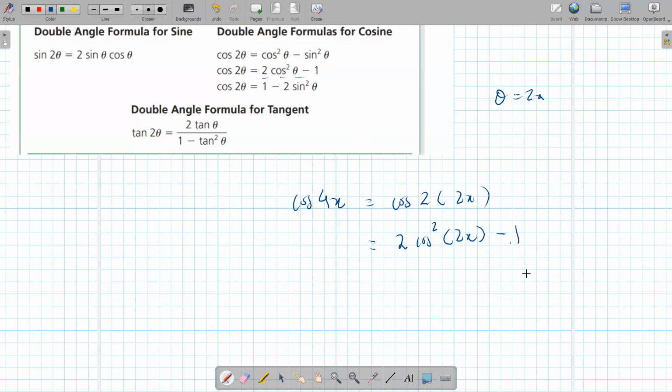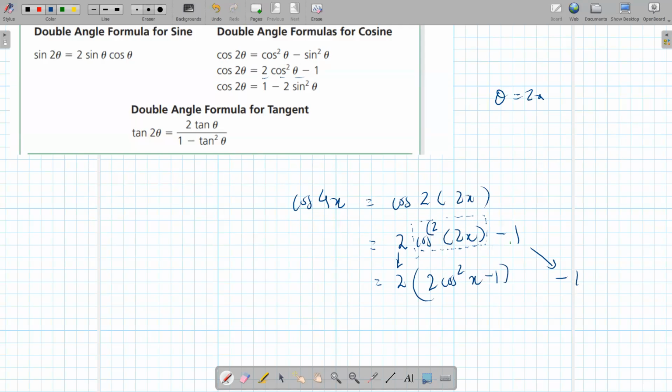You get that? Now we need to expand cosine squared 2x. Now check this out. Cosine of 2x, again, everything else is going to stay the same. The 2 on the outside is going to stay the same. The minus 1 on the outside is going to stay the same. But we need to expand this, using the same formula, that is cosine of 2x is 2 cos squared theta, or x, whatever, minus 1, yeah?